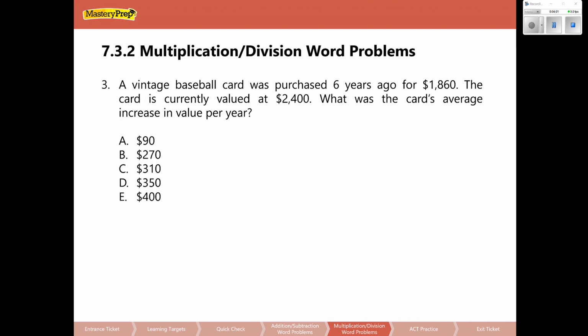A vintage baseball card was purchased 6 years ago for $1,860. The card is currently valued at $2,400. What was the card's average increase in value per year? So average is just measuring the change, yes?